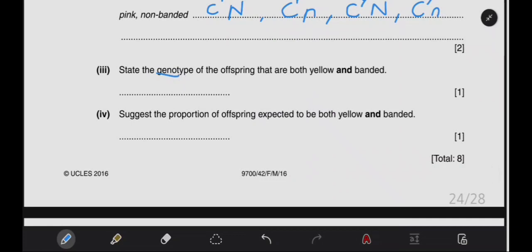State the genotype of the offspring that are both yellow and banded. Since we know that the alleles for brown color and for pink color are dominant over the yellow color, it should be a homozygous condition for the yellow color to express. So it would be CY CY, and for banded, again, the non-banded was dominant, so the condition must be homozygous recessive, nn, for the offspring to be banded. Now, the proportion of offspring expected to be both yellow and banded.